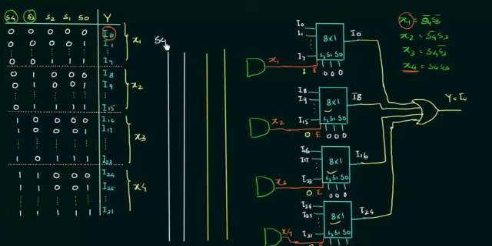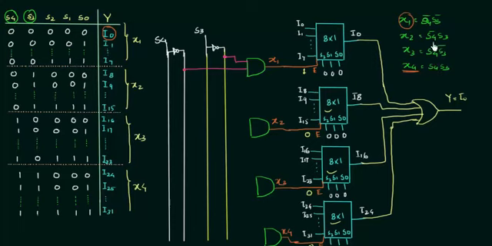This is S4. I will use a NOT gate. This one is S3. Again I will use one NOT gate. So this line is S4, this line is S4 complement, this line is S3, and this line is S3 complement. For x1 we require S4 complement and S3 complement.